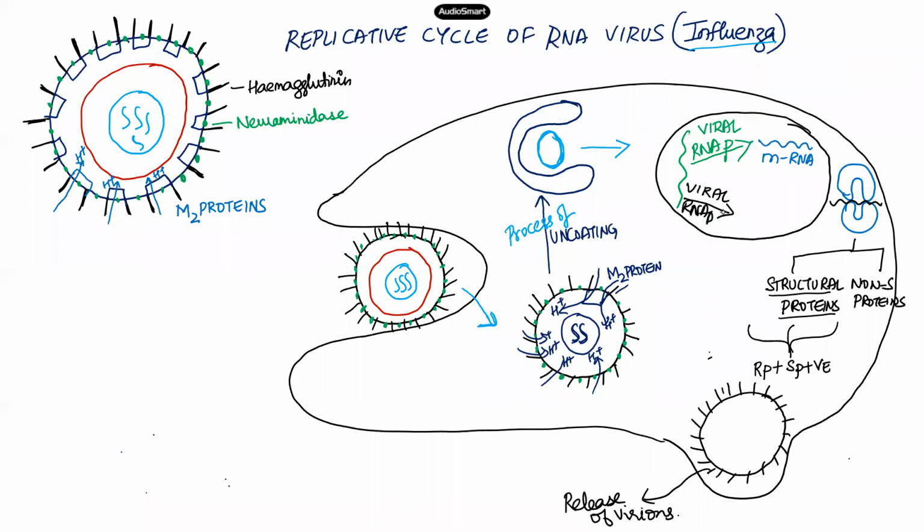Now we have got another viral RNA polymerase that forms what I would like to call complementary RNA. This complementary RNA is again acted upon by RNA polymerase, and it forms viral RNA.